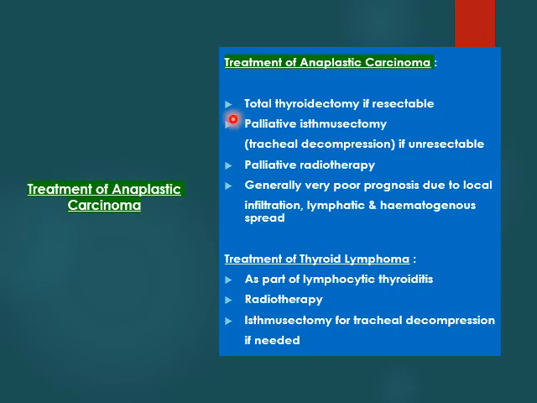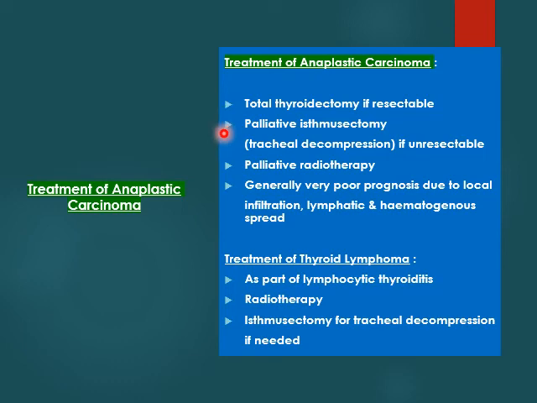Treatment of anaplastic carcinoma is total thyroidectomy if resectable. In most cases, they are not resectable because by the time they present, they are locally advanced and infiltrate into the surrounding structures like the trachea and esophagus.